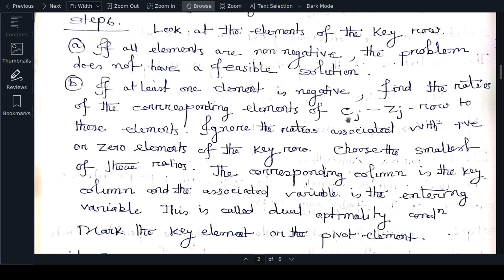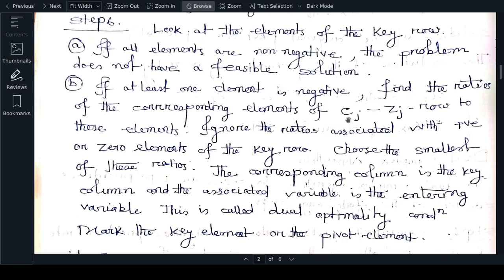The corresponding column is the key column, and the associated variable is the entering variable. This is called the dual optimality condition. Mark the key element or pivot element.